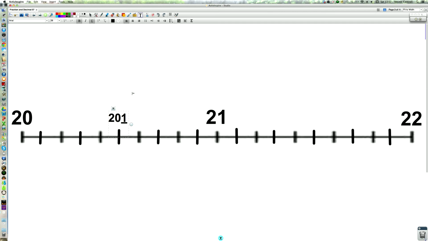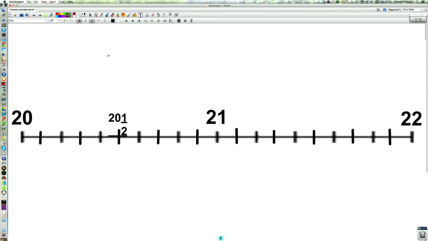It doesn't look particularly good, but all right. Anyway, there's my 20 and 1/2. Okay, so I have 1, 2, 3, 4, and 1, 2, 3, 4. So that must be right in the middle, right? 20 and 1/2.